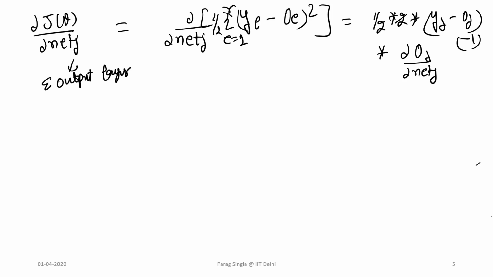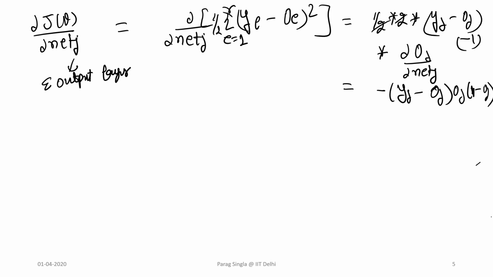So the 2 cancels, and therefore this becomes minus yj minus oj into delta oj over delta net j, which as we saw earlier is oj into 1 minus oj, using the expression of the gradient of a sigmoid function.